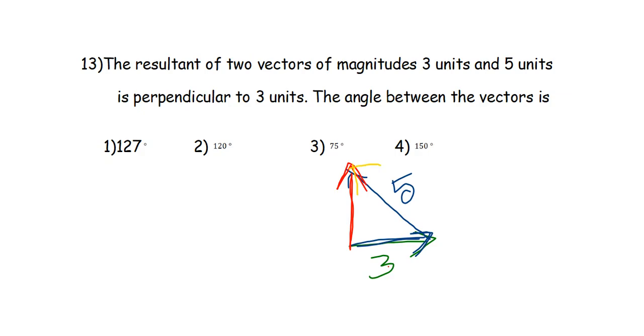So according to Pythagoras theorem, keep this as x. According to Pythagoras theorem, y square is equal to x square plus 3 square.